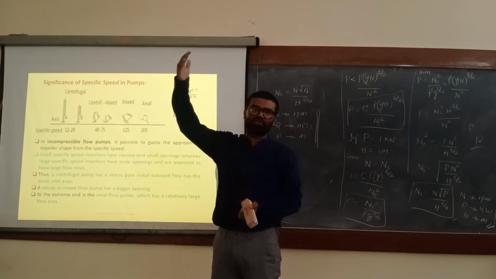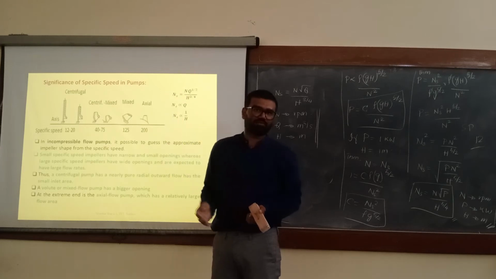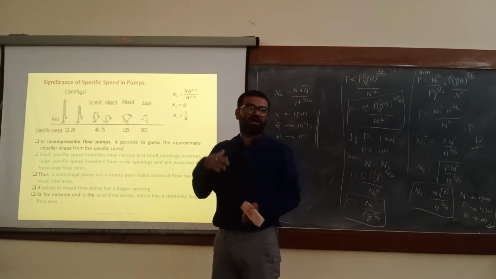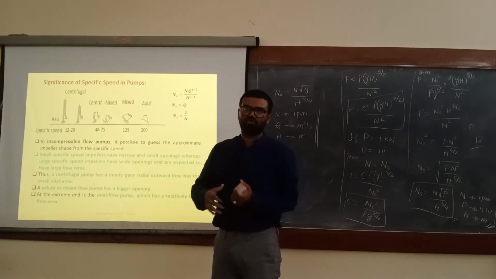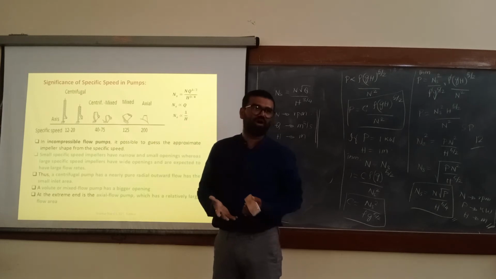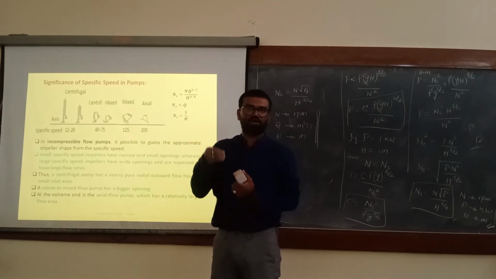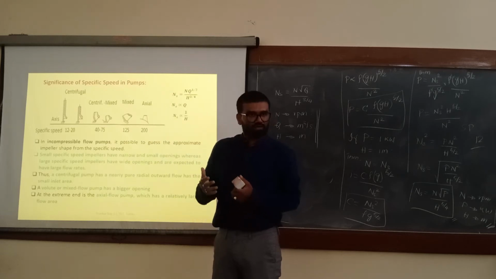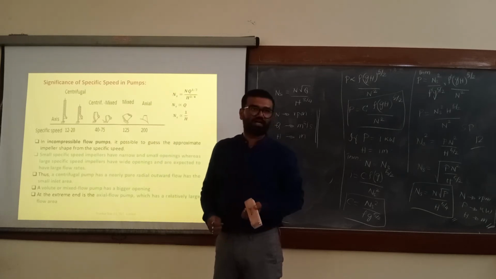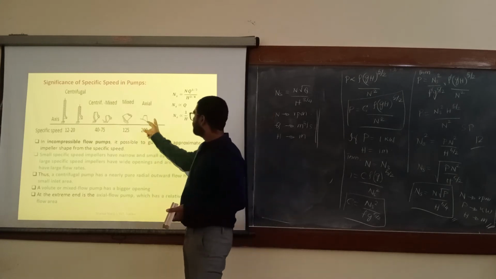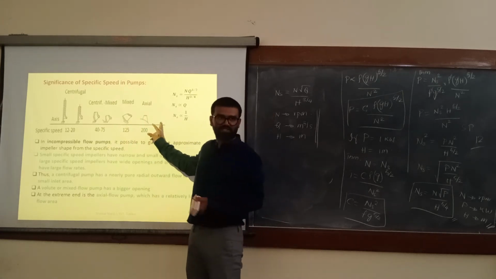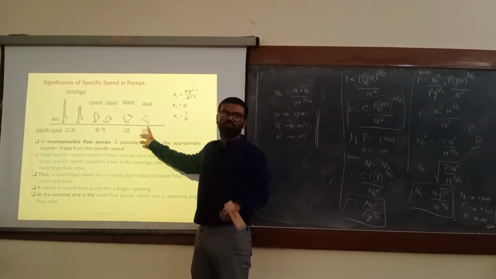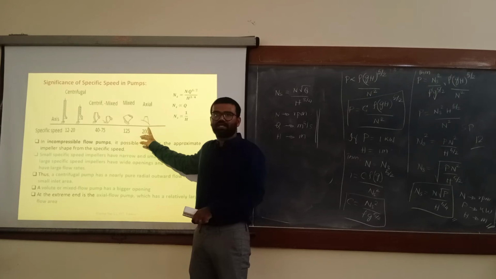You need to pump a large amount of water per unit time, but you are not bothered about the height to which you are pumping the water. In such cases, we will select the axial flow impellers. These impellers produce more discharge and less head.